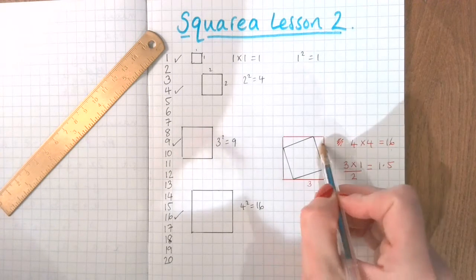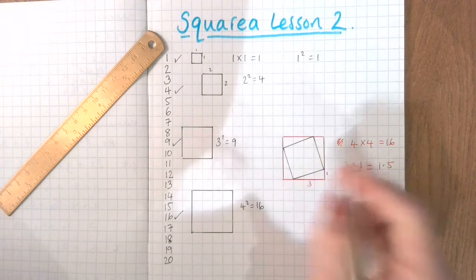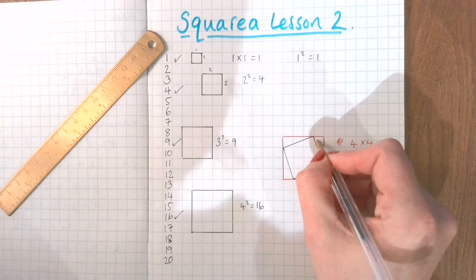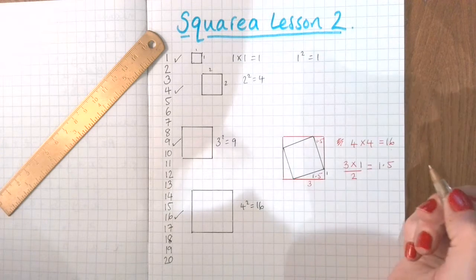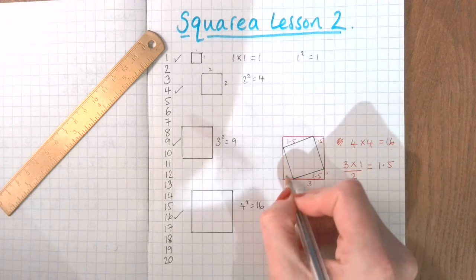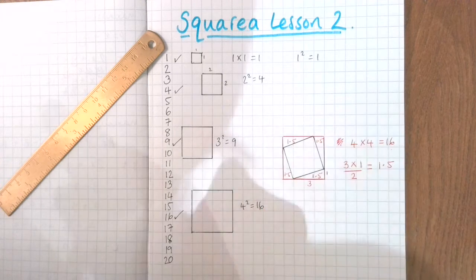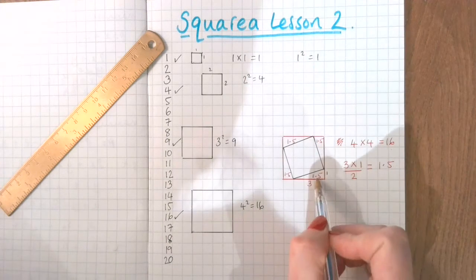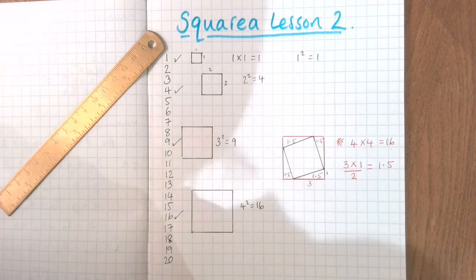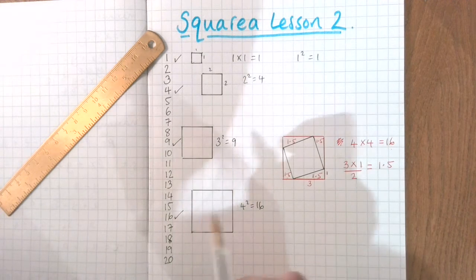All of these triangles are the same. That one has an area of 1.5, that one has an area of 1.5, that one has an area of 1.5, and so does that one. Altogether, the triangles, 4 lots of 1.5, is 6 in total.